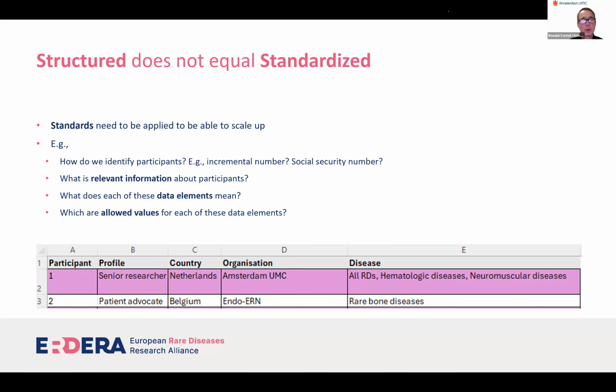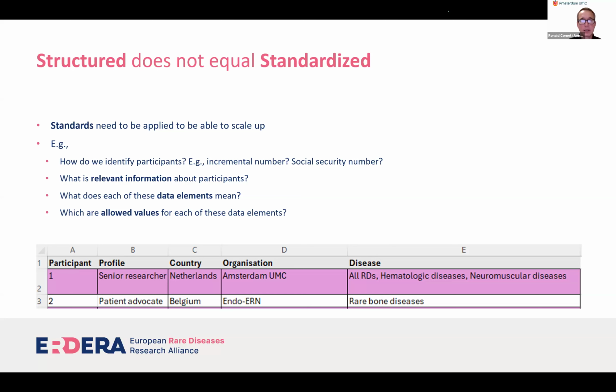And then the last question is, which are allowed values for each of the data elements? So as profile, I think the original was young researcher, and then I added senior researcher, patient advocate, countries, etc. All of this needs to be agreed on, and basically agreeing on something with a larger group means standardizing. All of these items need to be standardized in order to be able to scale up.